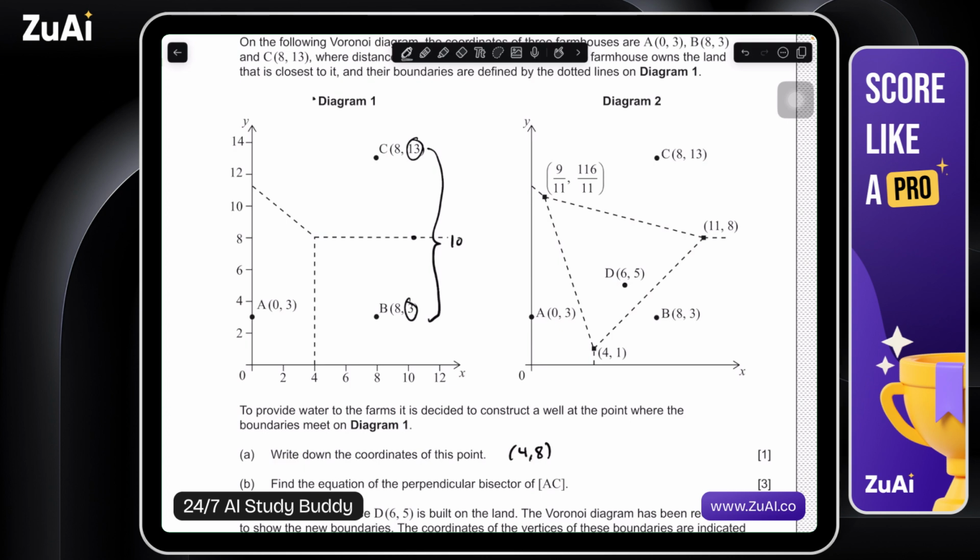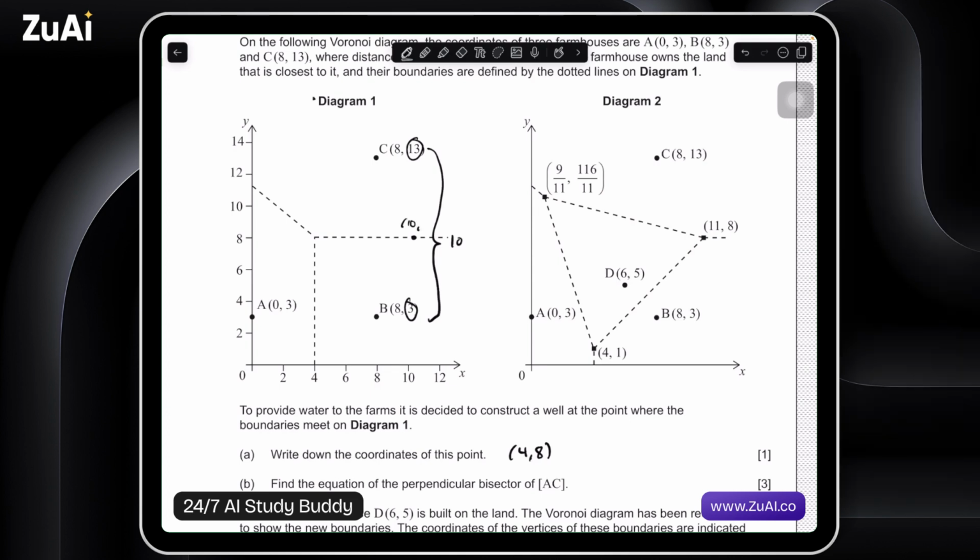This right here is going to have an x value, in this case, of 10, since we're just above here, but a y value of 8. And same here, this point is going to be halfway between as well. So between 0 and 8 is going to be the value of 4. And so if we put that together, the x value of 4 and a y value of 8.